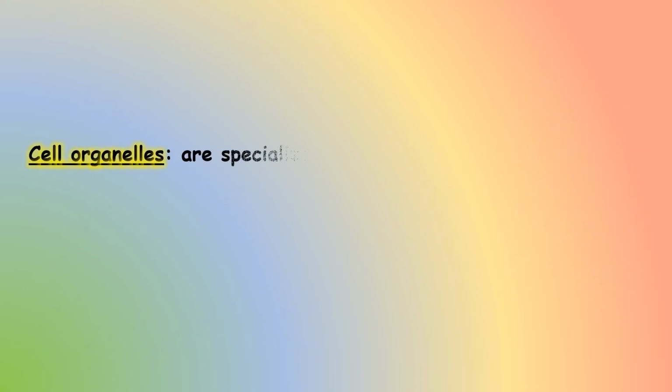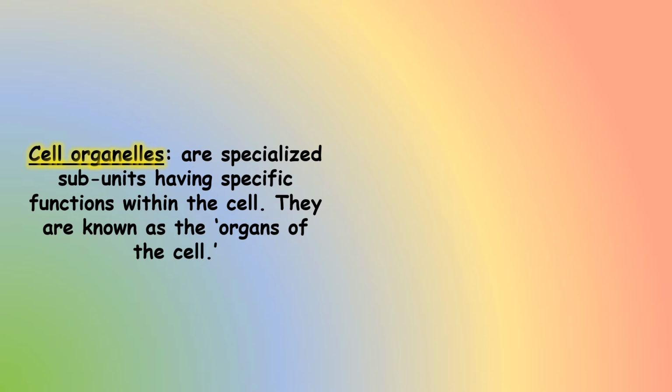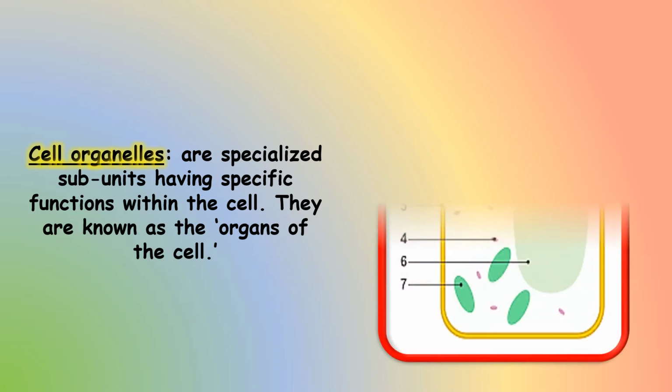Now, cell organelles are specialized subunits. They have specific functions and they are known as the organs of the cell. So we have the cell wall, then we have the cytoplasm, and within the cytoplasm there are small units called the cell organelles.